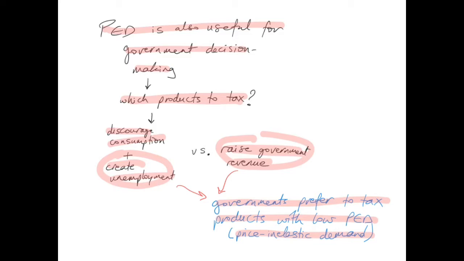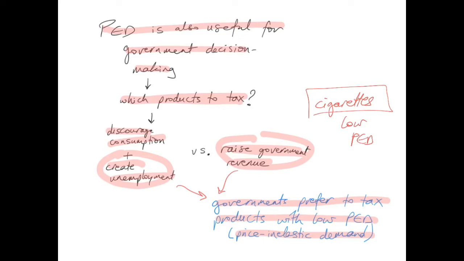A very good example is cigarettes. Cigarettes are addictive, right? Consumers who are heavy smokers consider them necessities because of their addictive nature. Cigarettes have low PED, they have very inelastic demand. So if the government taxes cigarettes, for example, it will discourage consumption by a small amount, and therefore it won't create too much unemployment.